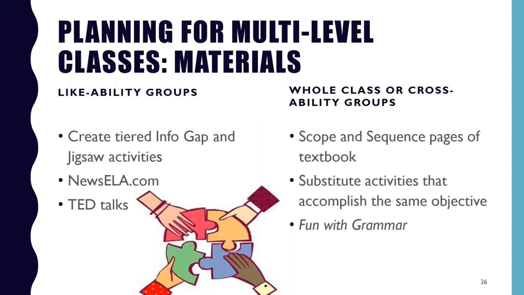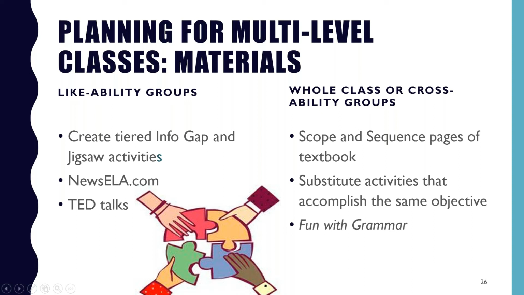remember that your goal is not finishing a textbook, so you can look at the scope and sequence pages of the textbook and see what the different levels have in common. Look at the curriculum for different levels if you've got multiple classes together, and see what you can accomplish with one activity.